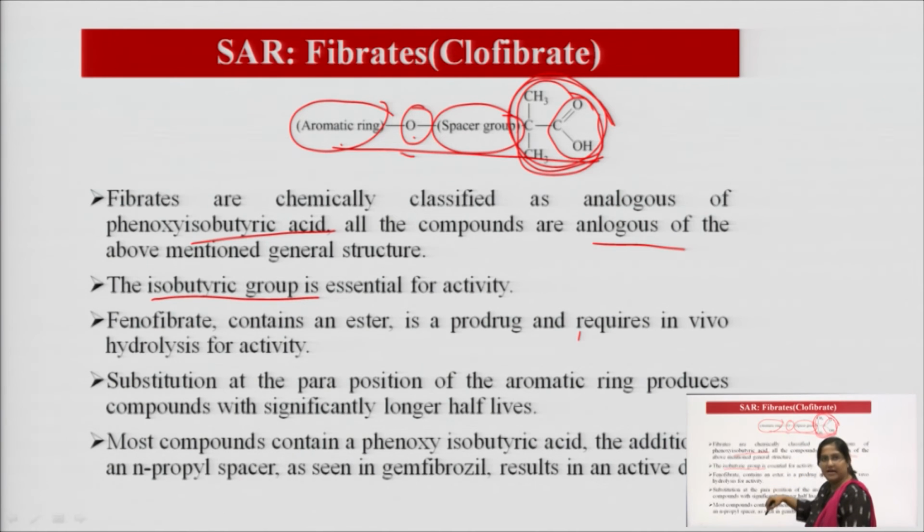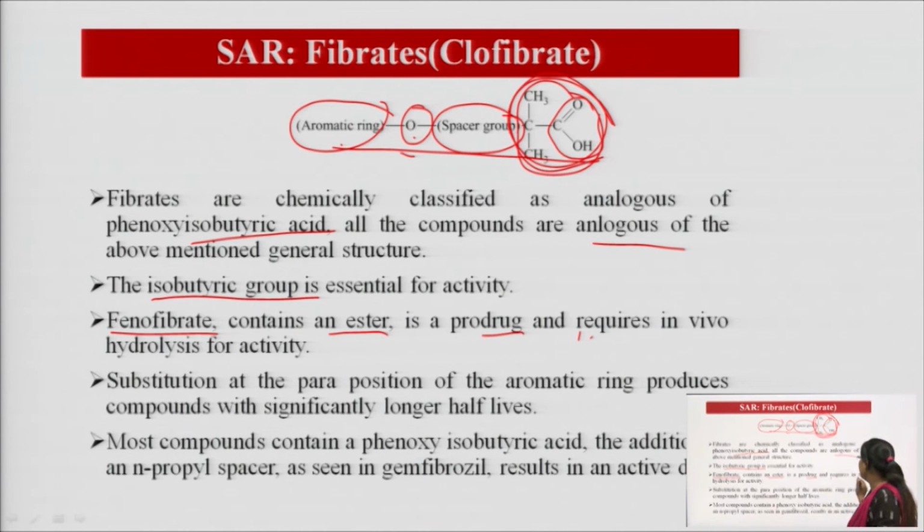Next, analogous of that, that is phenofibrate. It contains an ester group which is a prodrug and requires in vivo hydrolysis for activity. We know there are two types of activity we can see, in vitro and in vivo. In vitro means the activities which can be performed in laboratory, that means outside the body, whereas in vivo means inside the body.